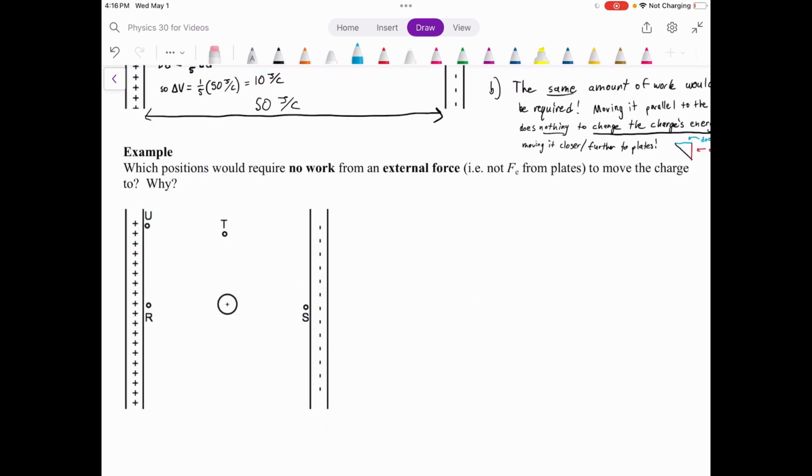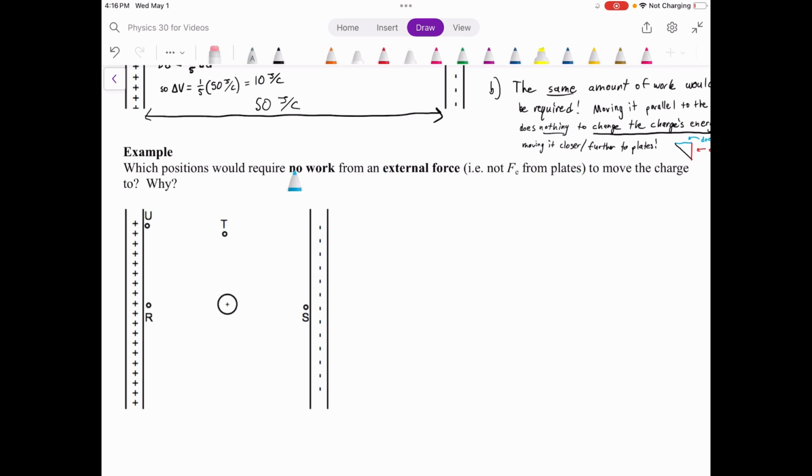All right. So with that in mind, this one's asking us now, which positions would require no work from an external force? In other words, a force that isn't just like if we just let this happen, how it would happen, right? In other words, not the electric force from the plates. Because you can tell if we just let this go, this charge, it's positive, it's going to fly towards that negative plate, right?